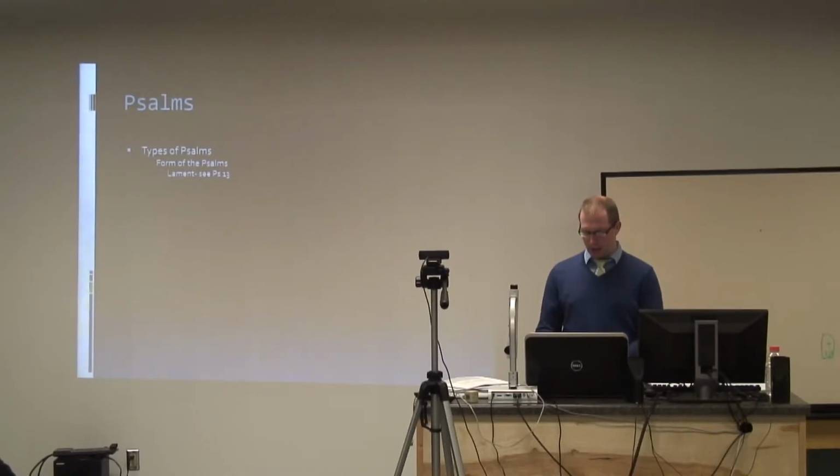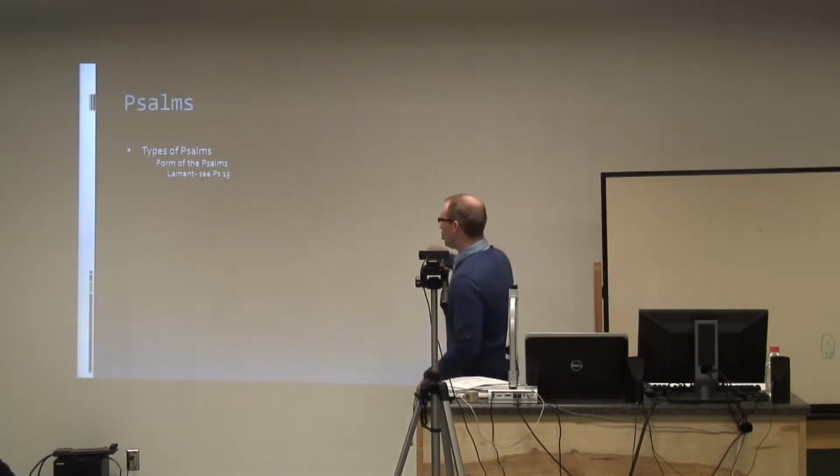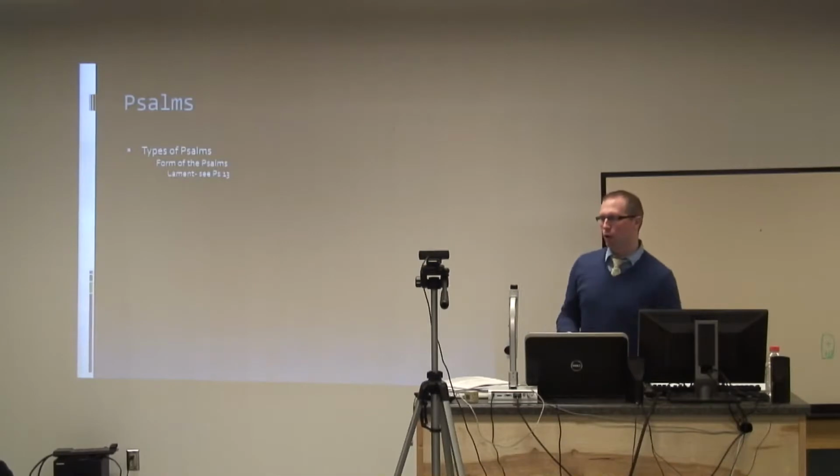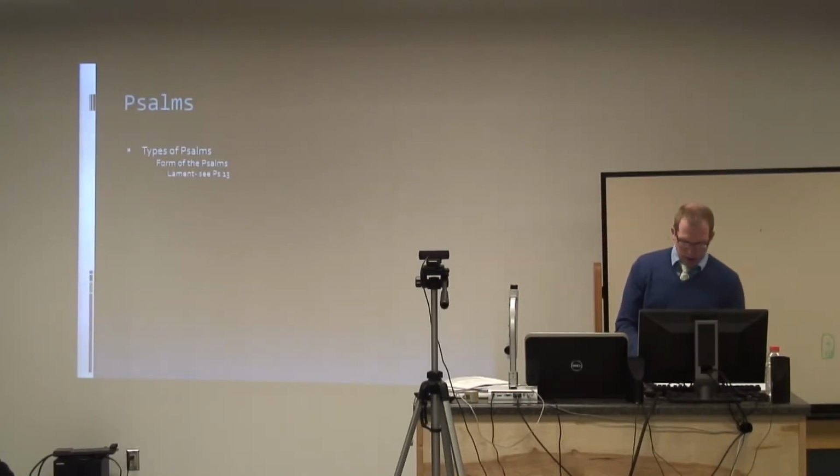Not that every single psalm of each type follows this exact structure. But when you have a general type of psalm and a general blueprint for what that psalm looks like, a lot of times the author will break the pattern in order to draw your attention to something in particular. But generally, this is what it will look like.